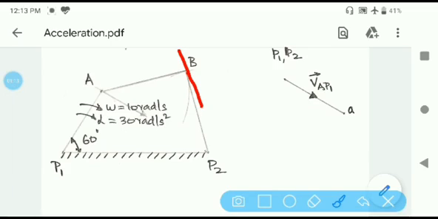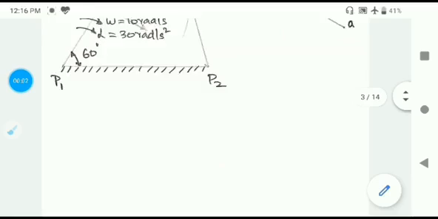Okay, you can extend it on either side of B. Now what you do is, from the velocity vector, that is from point A, you draw a line parallel to this perpendicular line. Okay, so from point A you draw a line parallel to this line. Okay, that also you can extend on either side of A. This is what I have done here.